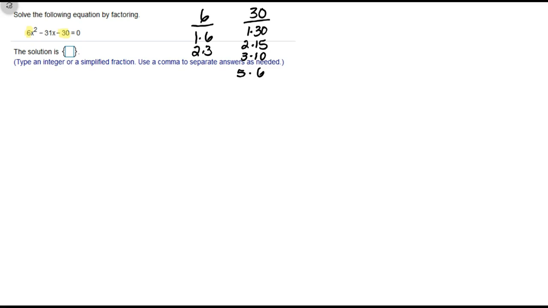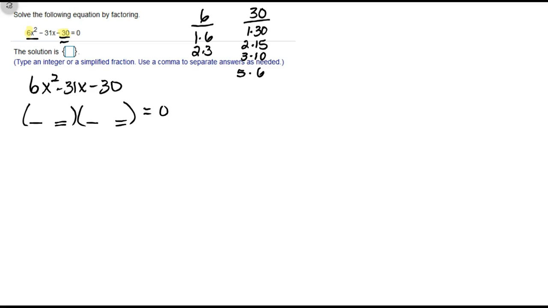And so let's set this up. We want to factor 6x squared minus 31x minus 30. I'm going to set up two parentheses. The numbers that go here and here need to multiply to be 6x squared. The numbers that go here and here need to multiply to be 30. So I'm using a method called the guess and check method or the trial and error method.